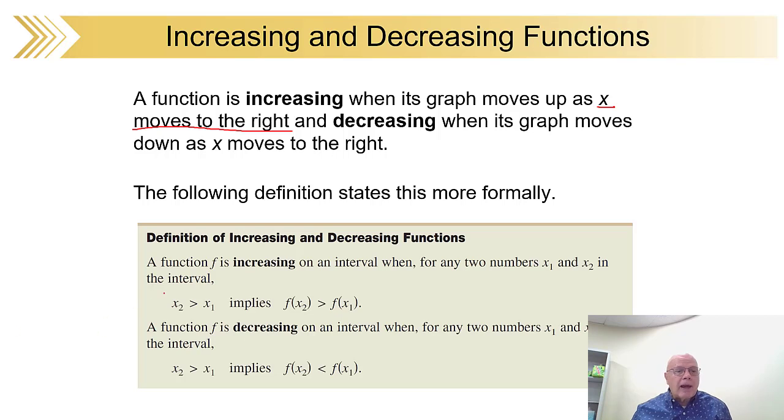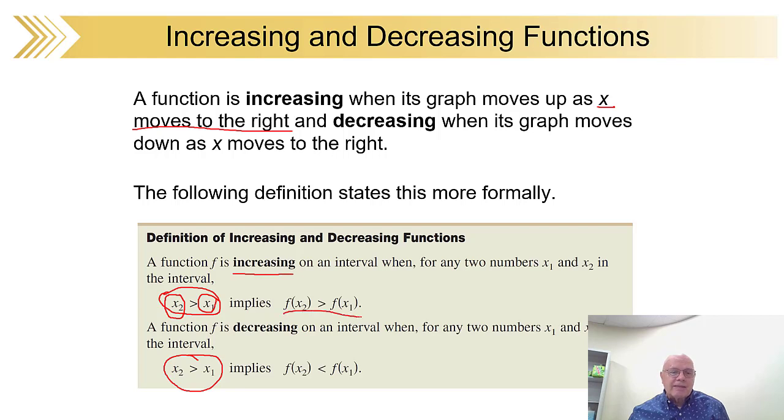This more complicated looking thing down here just says that the first x value you pay attention to is on the left, and the second x value that you pay attention to is further to the right. Sticking with that, we then say we've got a function that's increasing, at least for a while.